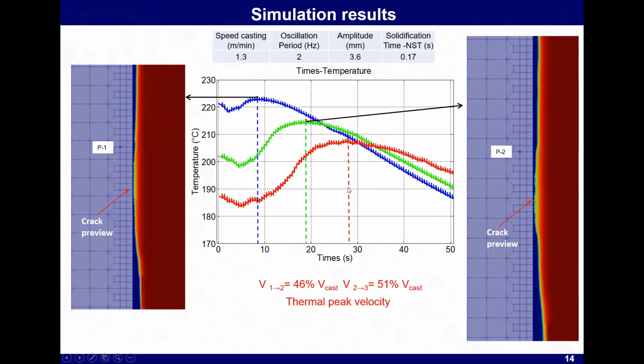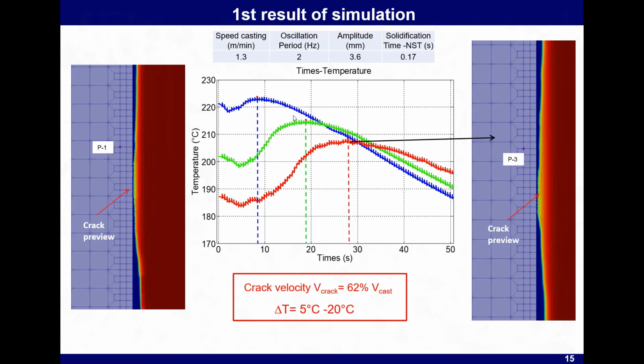And that's logical because when you go down, the solidified shell has been cooled down, so it's cooler. But the crack is liquid steel, it's hotter. So that explains why the peak here is going up.